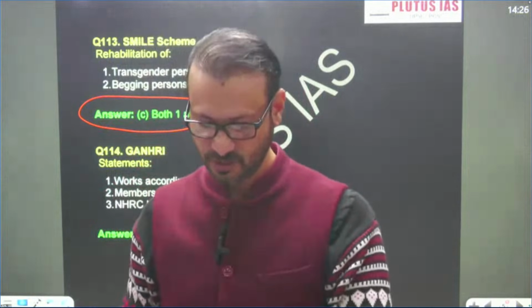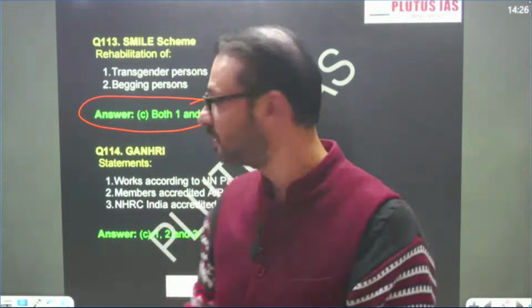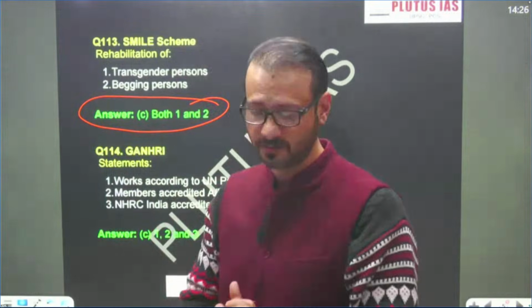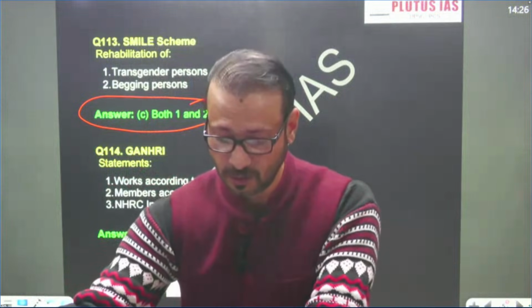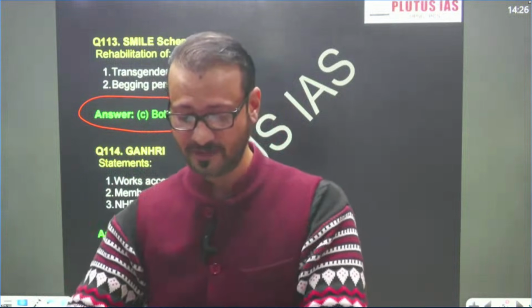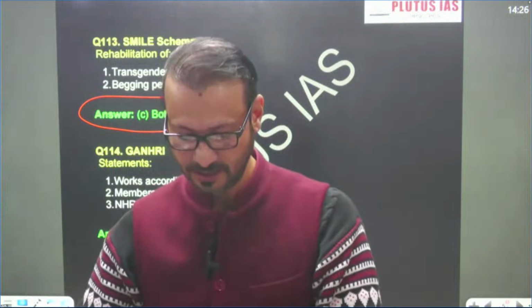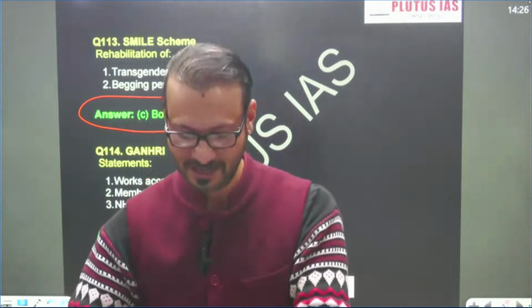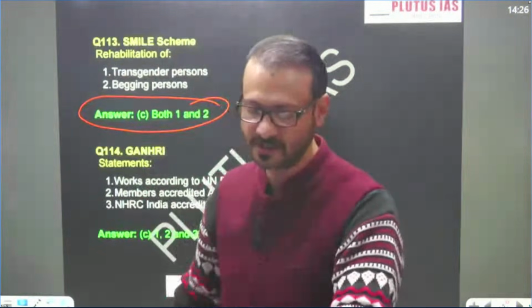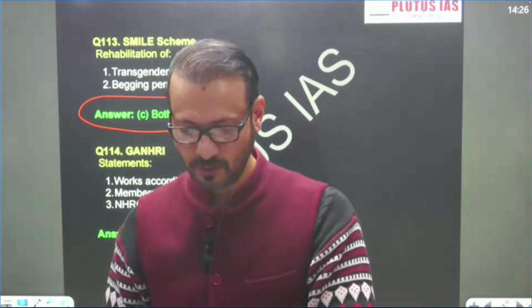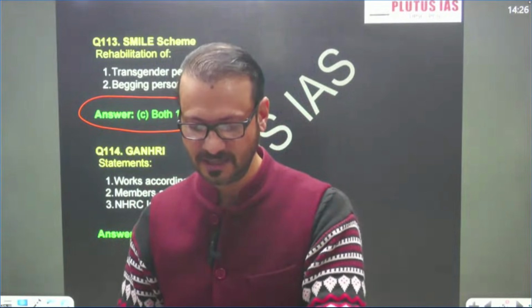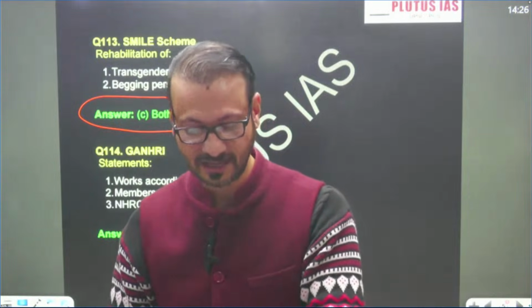Now the next question was 114. It talks about the following statements related to the Global Alliance of National Human Rights Institutions, which we also call GANHRI. It works in accordance with the United Nations' Paris Principles. Number 2, fully compliant and partially compliant members are accredited as A and B respectively.